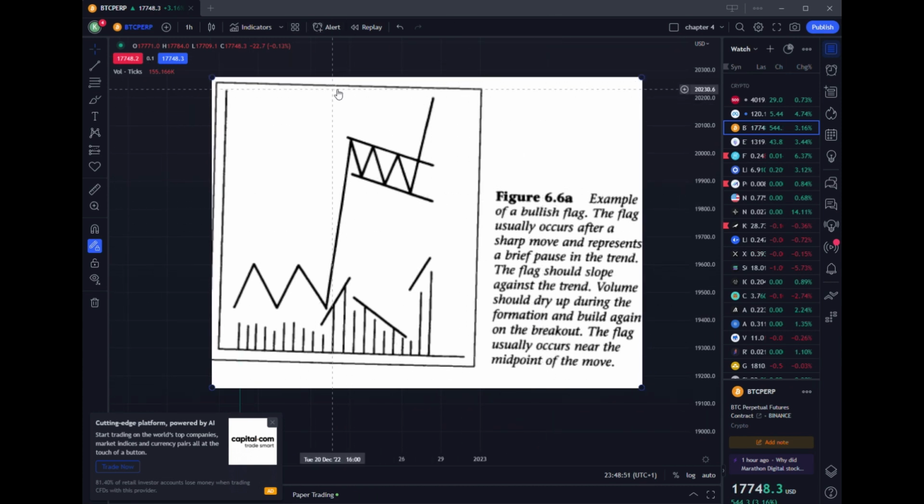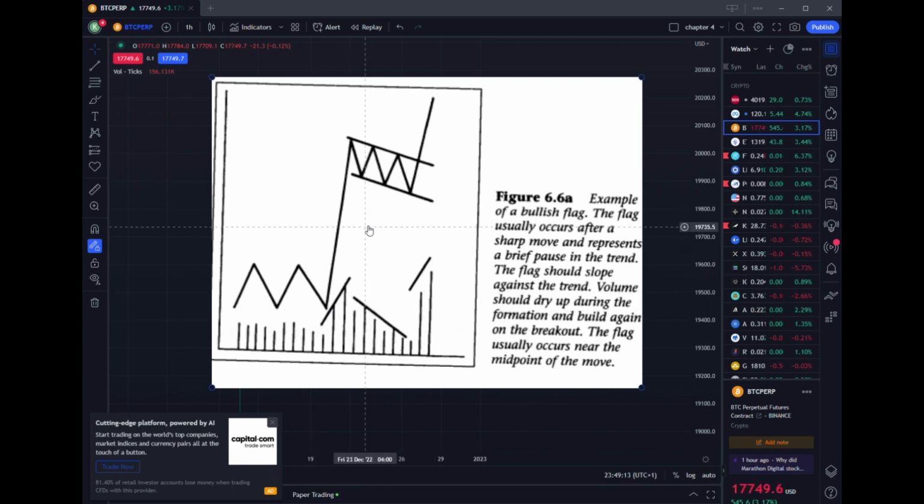Right. Now we'll go to the flag. This is a bullish flag. It's forming its next upper move and mostly forms on the halfway point of a rally.